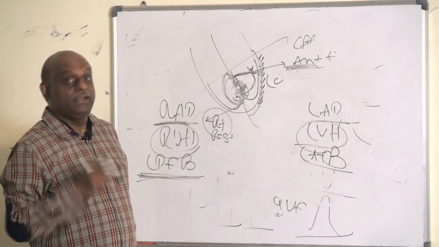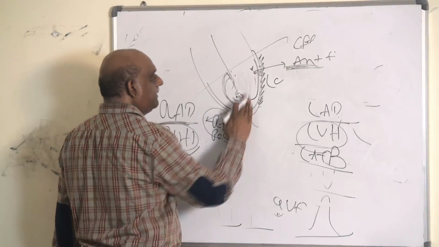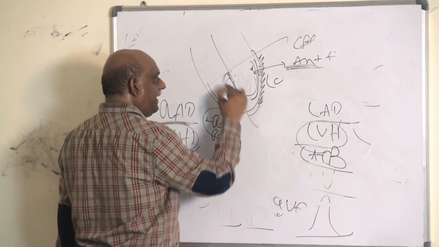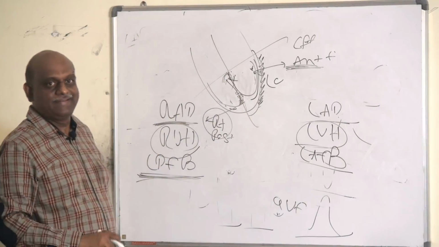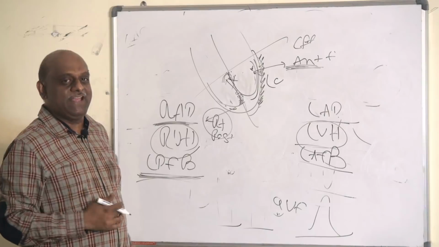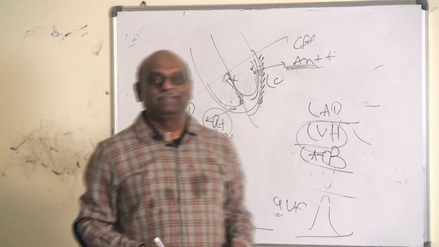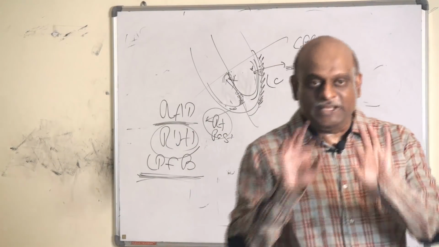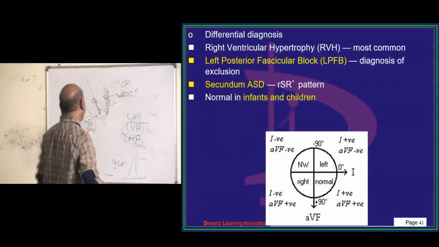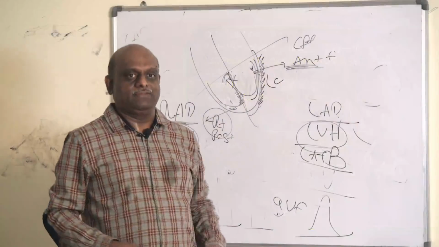Okay? Now you should tell me, what will happen, let us say, if the left bundle itself is blocked? Which type of axis deviation do you expect if the left bundle itself is blocked? I want to see whether you are awake or sleeping. Please punch your answer. Let us say the entire left bundle is blocked.